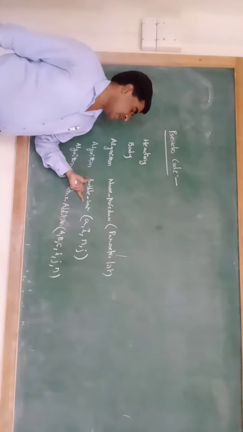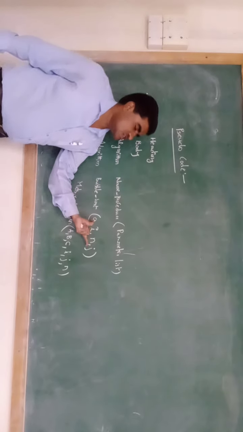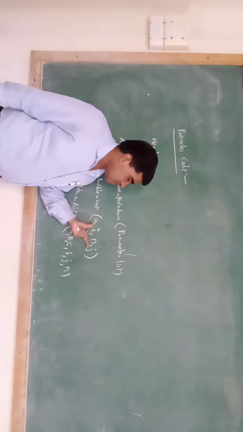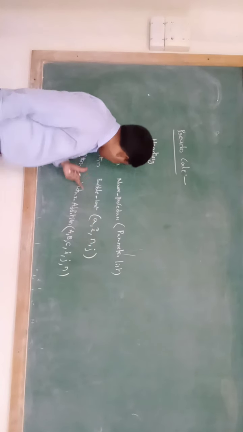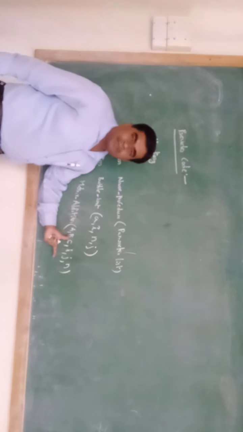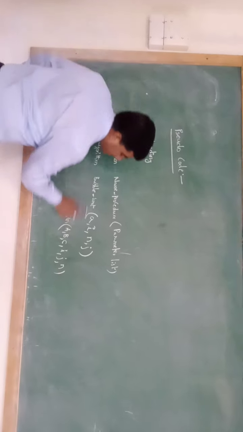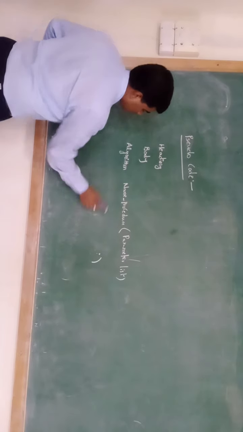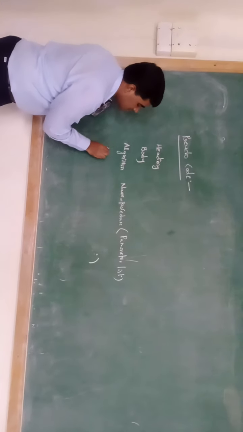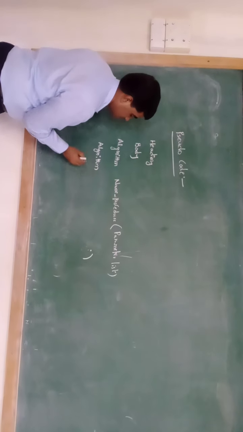So suppose you are writing the algorithm for bubble sort: algorithm, name of the procedure, and whatever parameters are required, those parameters we write. If you are writing any algorithm, the body is separated with open and closed braces.